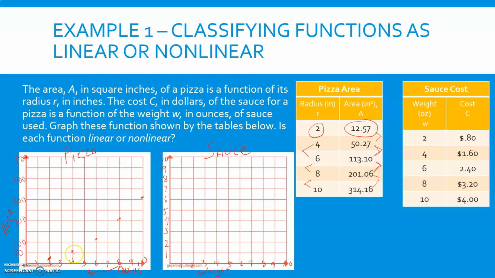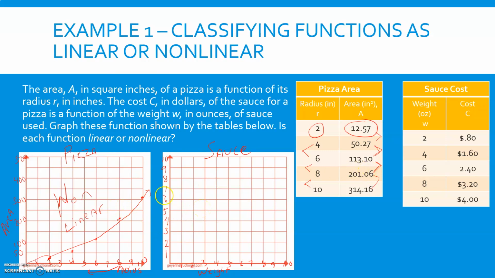It's increasing each time, and the line that's created looks like this, where it's not just a straight line, it's not a constant change, it's increasing as we go up. And so for this graph here, it is nonlinear. The line that's created is not a straight line.